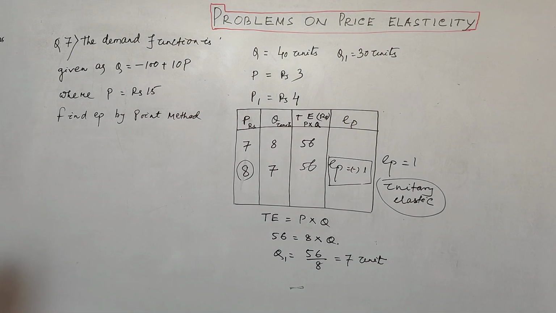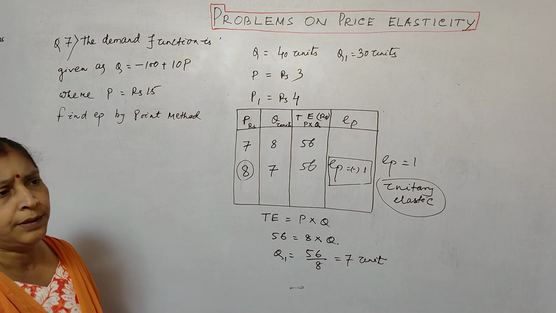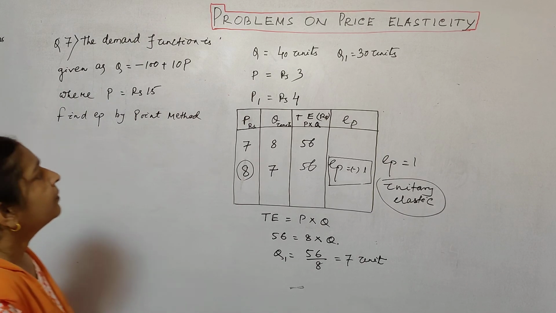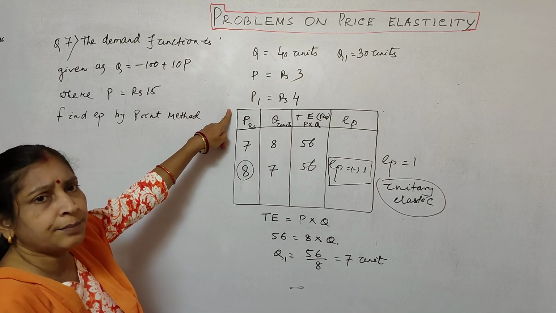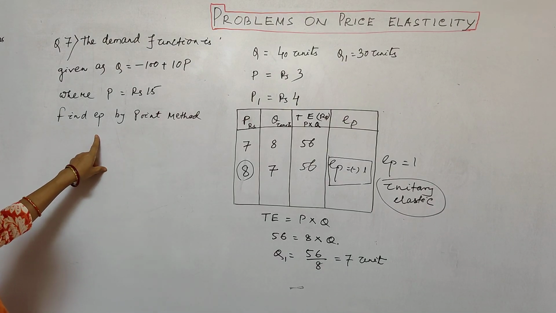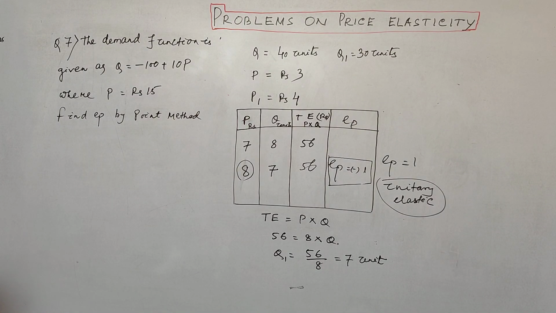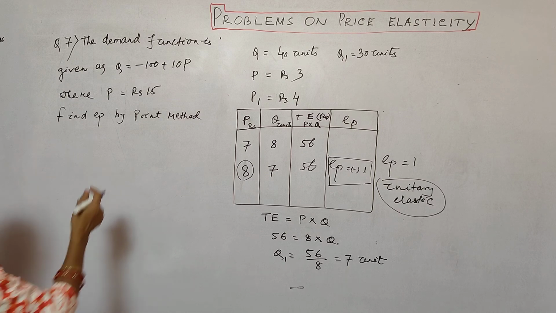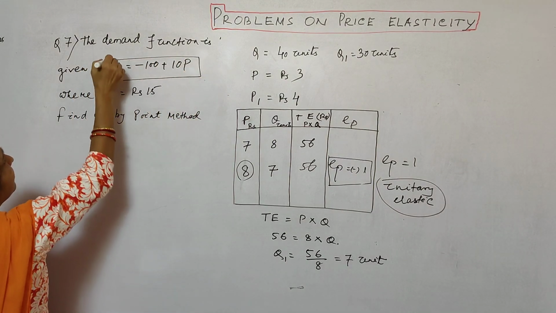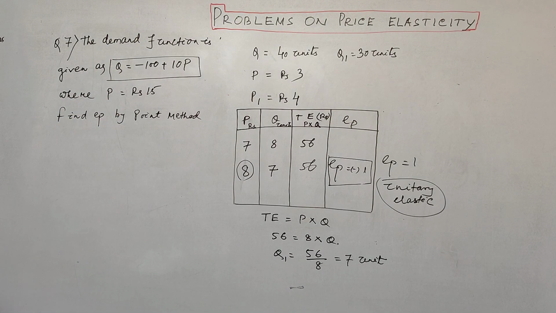Point method. So we have solved the value of EP by various methods: by the percentage method, by the expenditure method, and now we will solve the value of EP with the help of the point method. They have given us this information, the demand function is like this.